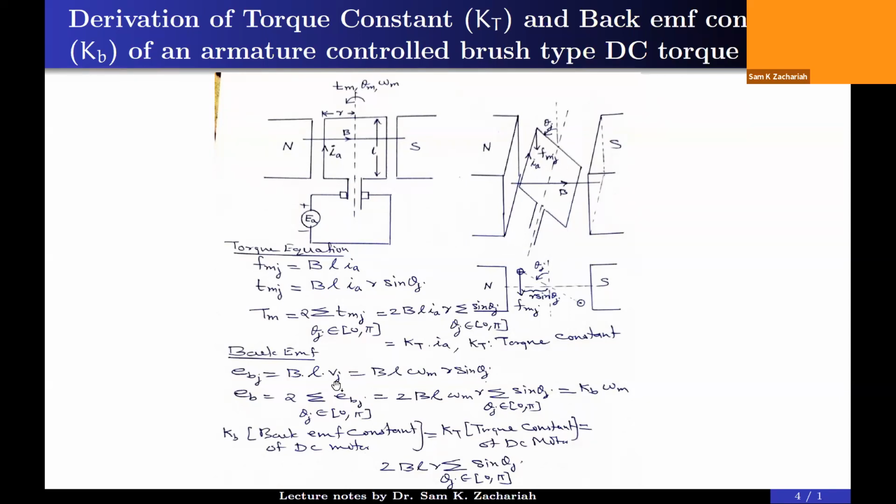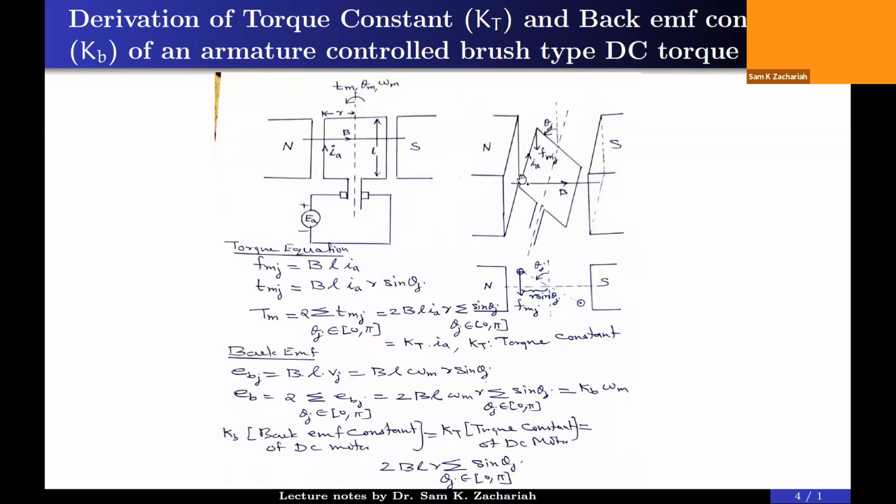Now, assume that Vj is the downward velocity of this conductor, then the induced EMF is given by B into L into Vj, where Vj is the velocity orthogonal to the magnetic field.